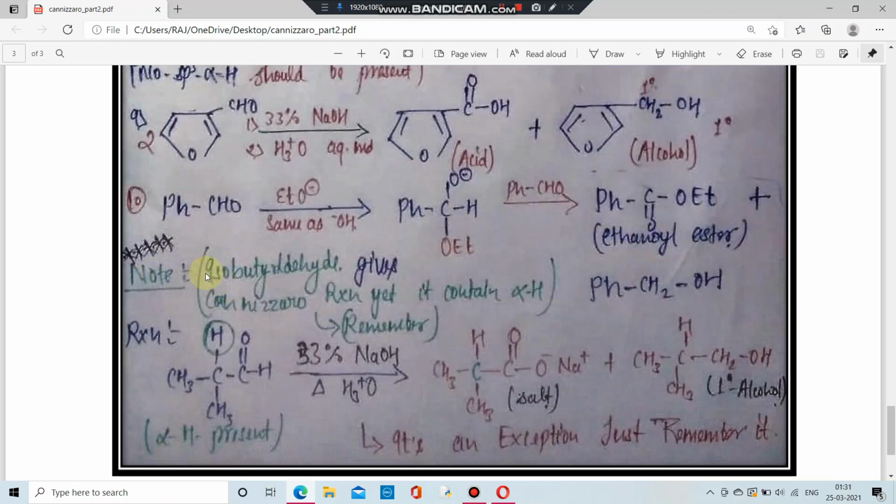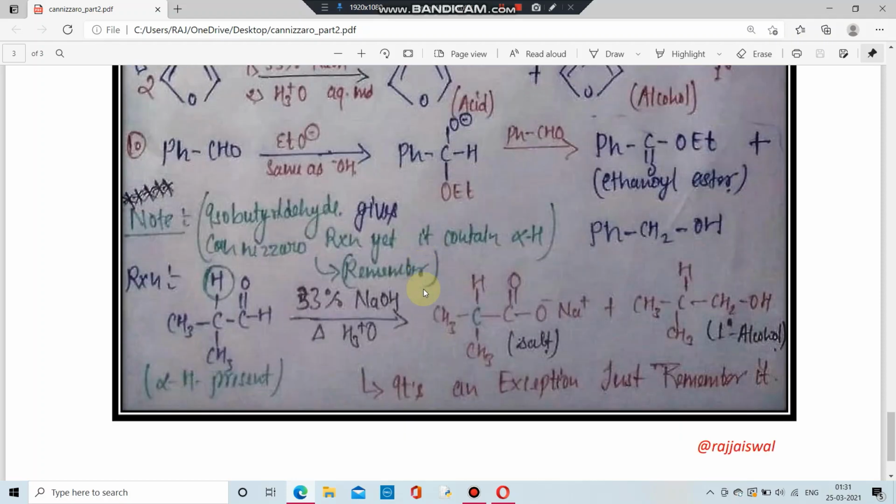Now as we have earlier discussed, isobutyraldehyde contains sp3 alpha hydrogen, still it's showing Cannizzaro reaction. So it is an exception. We have to just remember this one. So look, this is the structure of isobutyraldehyde containing 3 carbons in the main chain, 1 2 3. Now this is an sp3 carbon, there is a presence of sp3 alpha hydrogen. Look, so we can say alpha hydrogen is present in this, but still it's showing Cannizzaro reaction.